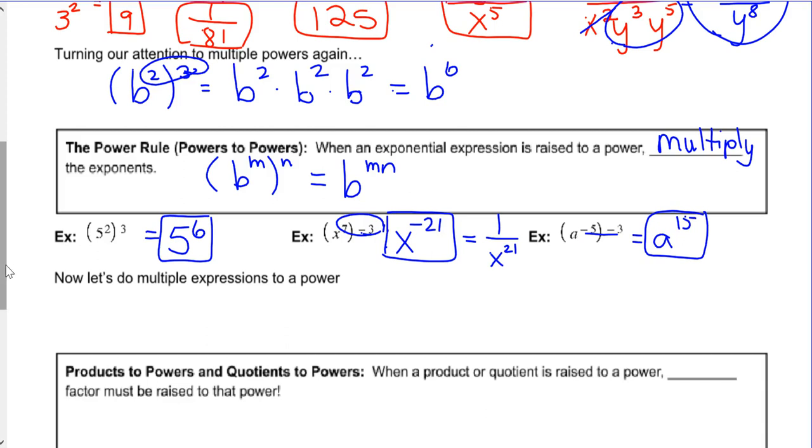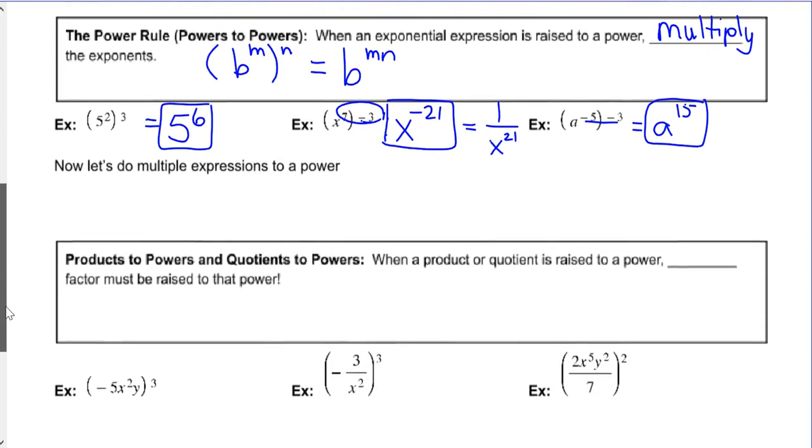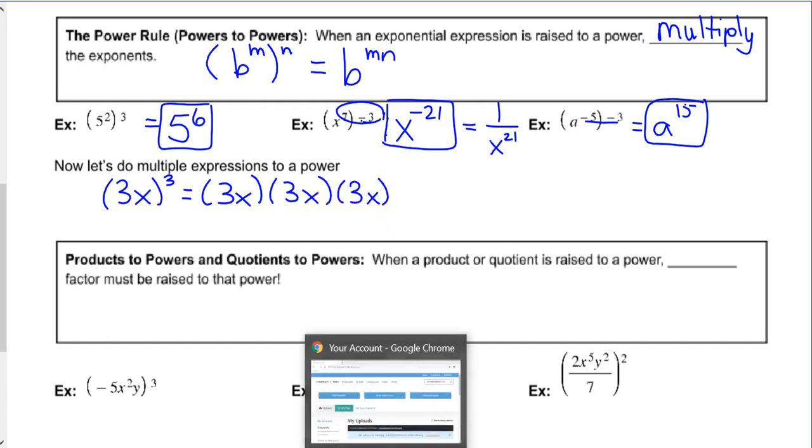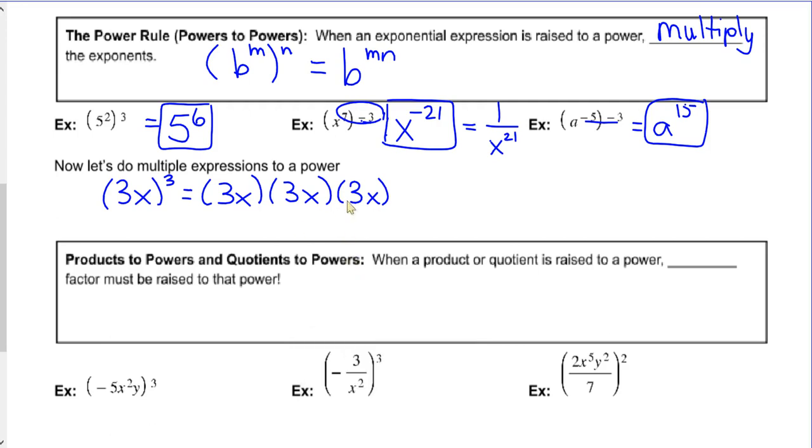All right, now, what if I have multiple terms all to a power? So, for example, I have 3x cubed. By the outside exponent, that means that I have to do 3x times 3x times 3x. So this goes back to what we did previously. I could do my order or do my properties and change things around, but technically, what I need to do is multiply this 3, that 3, and that 3, which gives me 27.